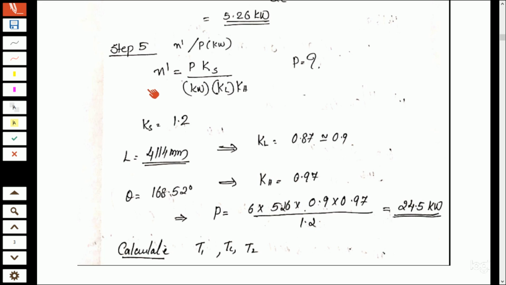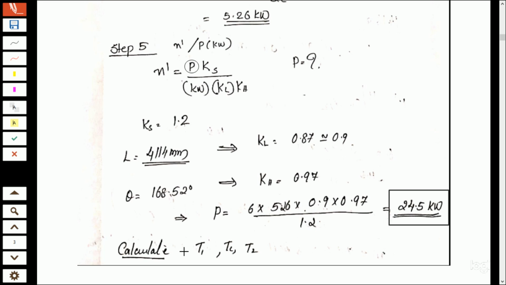So upon substituting here, what is the unknown parameter? This is the only unknown parameter, capital P. The value is going to be 24.5 kilowatt. This is the value I have obtained. And what is the step after this?